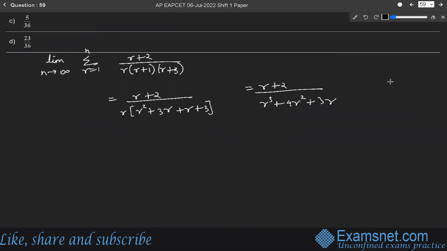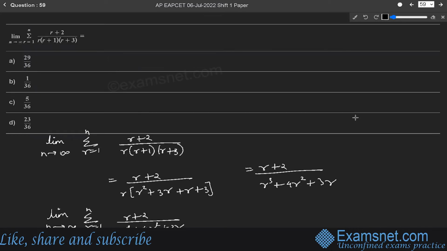So it becomes limit n tends to infinity, summation of r equals 1 to n, (r plus 2) divided by (r cube plus 4r square plus 3r). On substituting the values, it will be equal to 29 upon 36. So the correct option for this question is 29 upon 36, which is option A. I hope this question is clear to you.